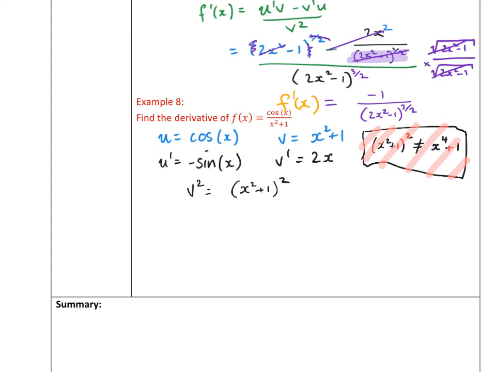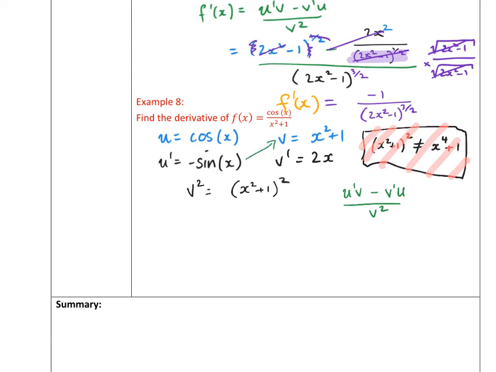We know our formula, u dash v. Let's actually rub that out and fix that right up. So we've got u dash v minus v dash u all over v squared as our goal.